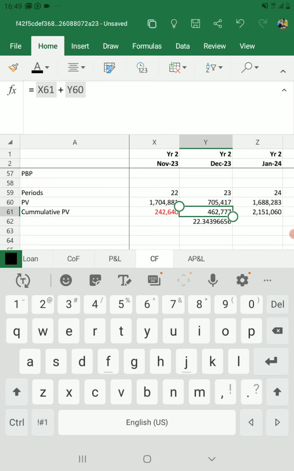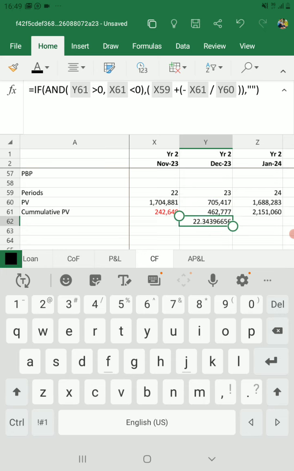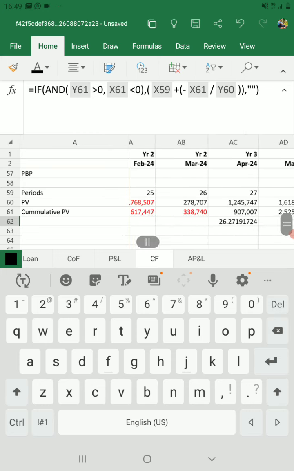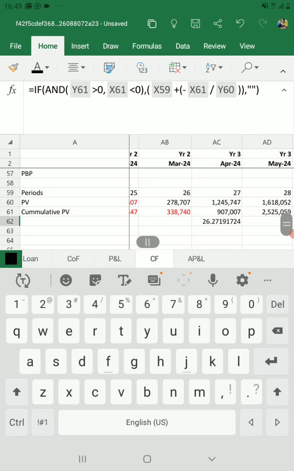So our payback period in this case is after 22 months here, plus this portion out of this figure. So that's a linear interpolation. This is our payback period, but because we have negative figures here again, this formula keeps on computing.